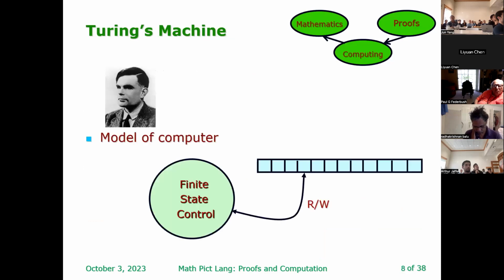So Turing's machine, of course, is a central ingredient in the theory of computing. So there is this notion of a computer. This is always sitting around. And this is a model of a computer in which you have some finite state, which is controlled. And you can do whatever you want with a finite number of states. So we are not being very particular about what a machine can or cannot do in a single step. We are giving you complete freedom, but it has to be a finite amount of control. You cannot build an arbitrary amount of control.